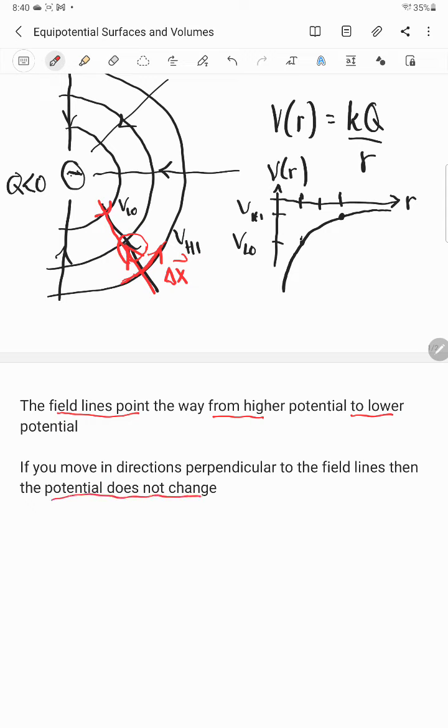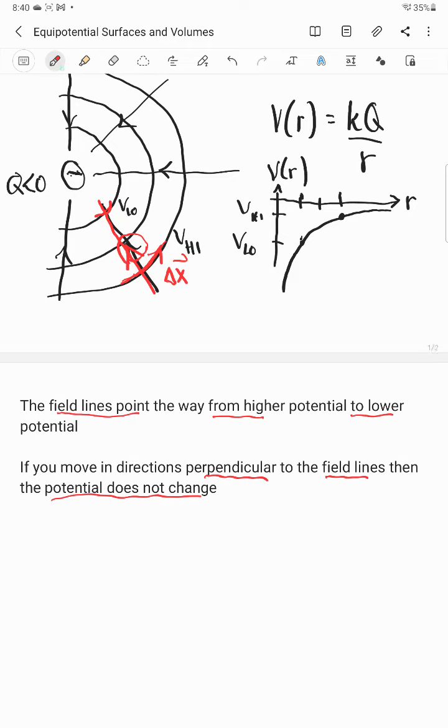Potential does not change, right? I stay on the same potential if I manage to always move perpendicular to the field lines. Okay, so these are just some statements about the potential.